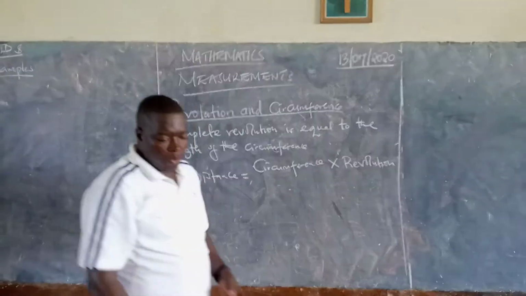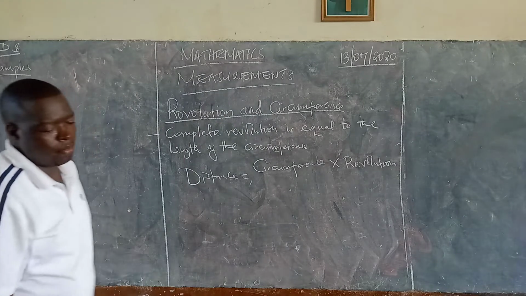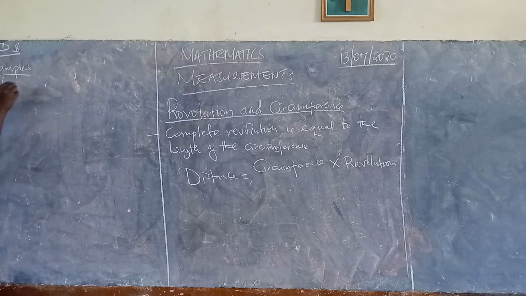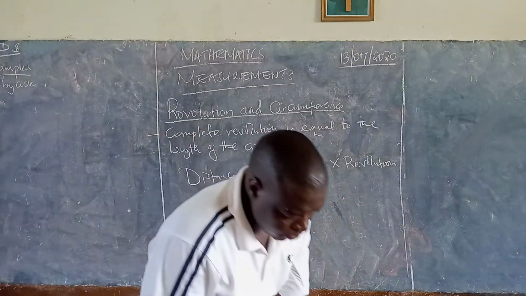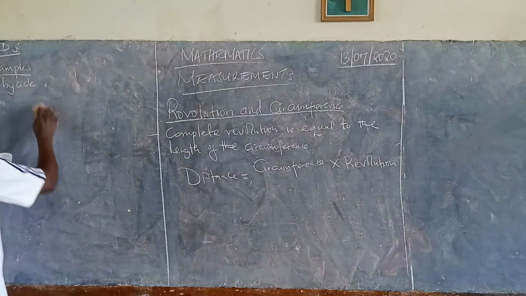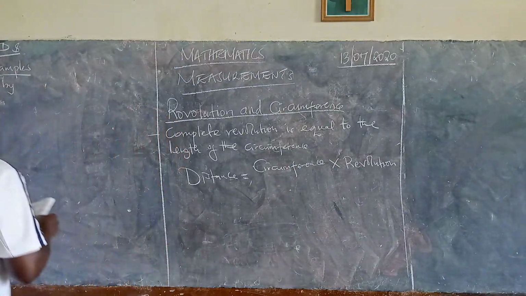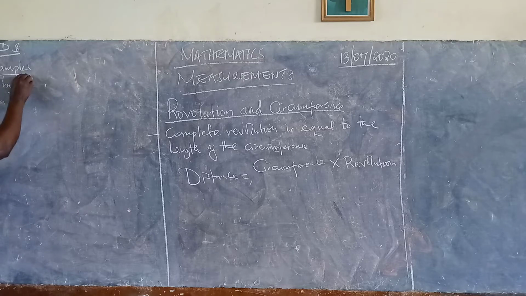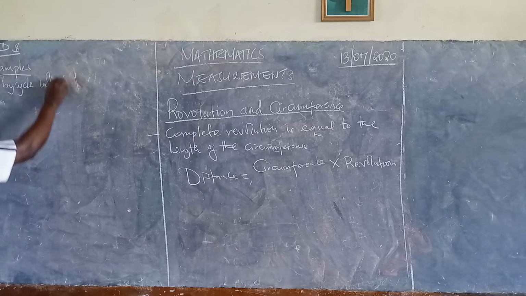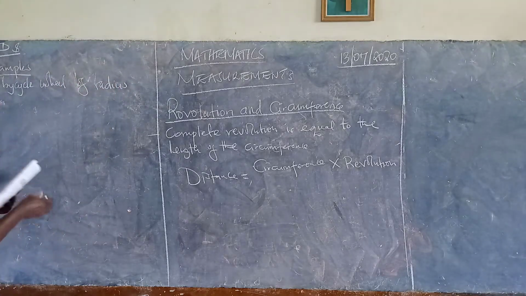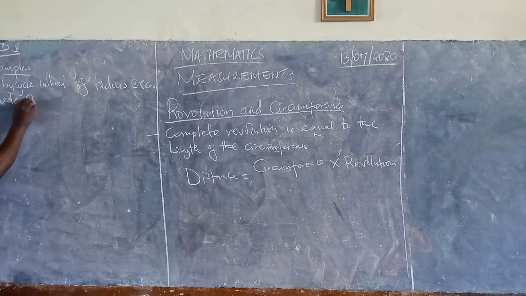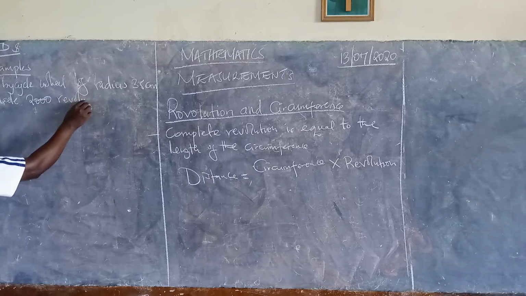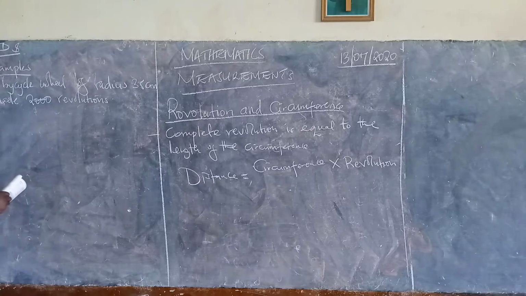Example 1. A bicycle wheel of radius 35 centimeters makes 2000 revolutions.